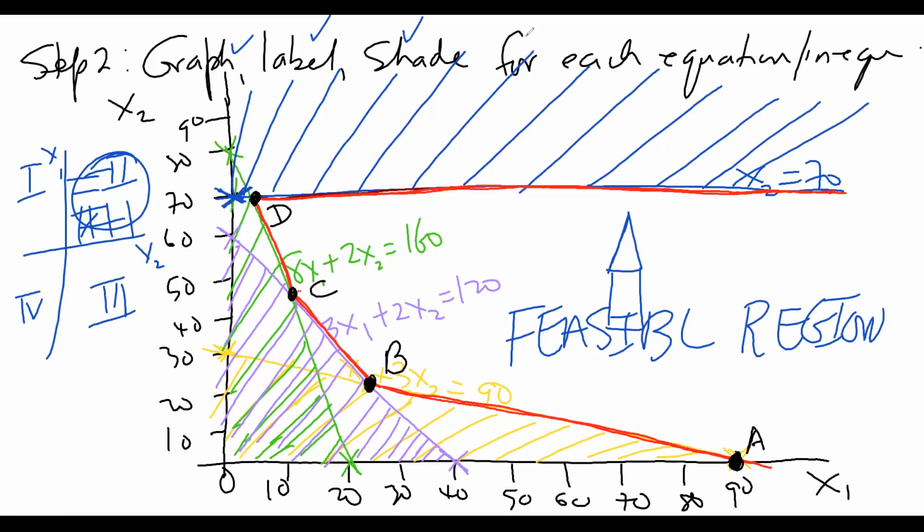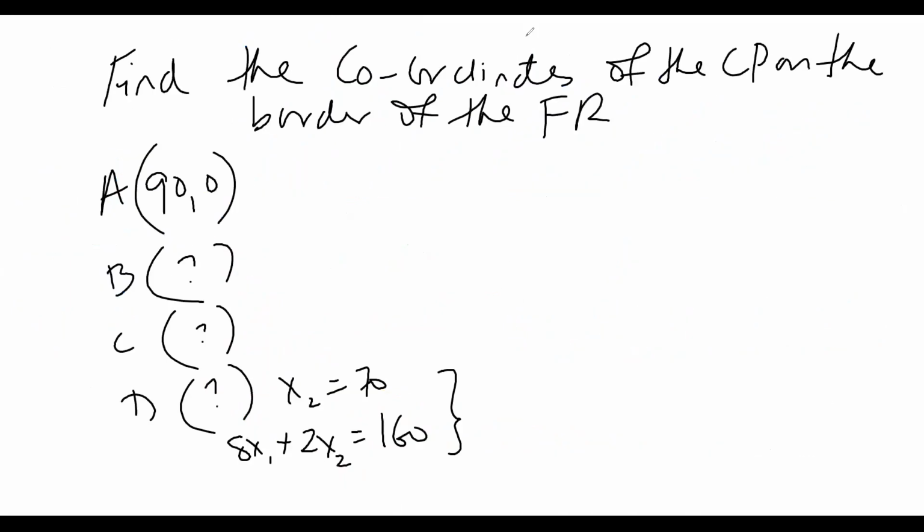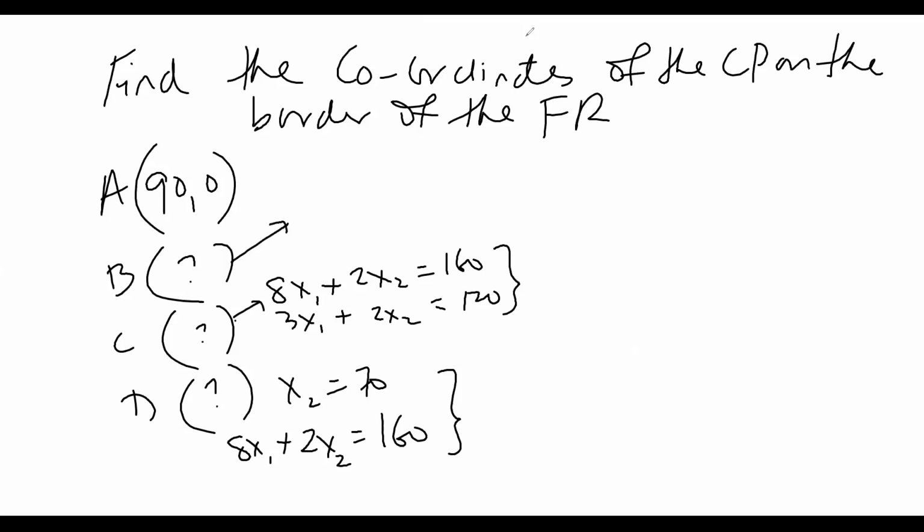For corner point C, we're going to solve 8x1 plus 2x2 equals 160 and 3x1 plus 2x2 equals 120. Good.